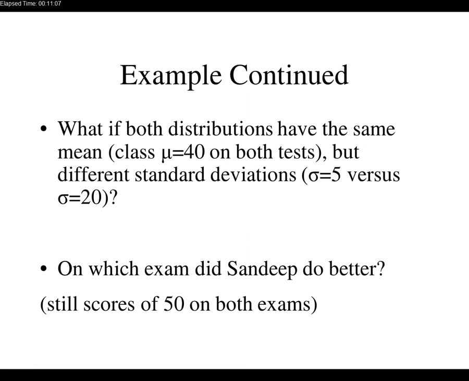The example continued says, what if both distributions have the same mean? The class mean equals 40 on both tests, but different standard deviations: standard deviation equals 5 versus standard deviation equals 20. Okay, tell me now which exam did Sandeep do better on. Still scores of 50 on both exams.